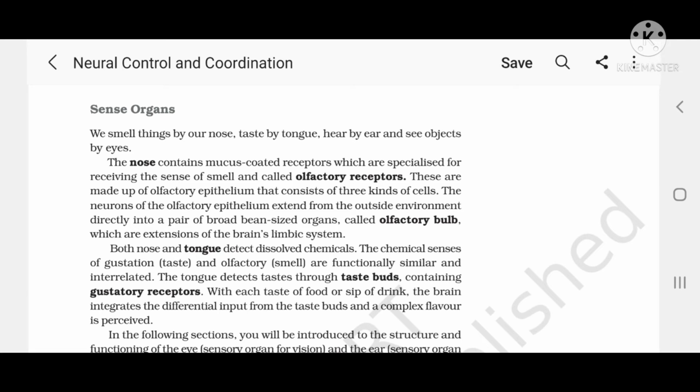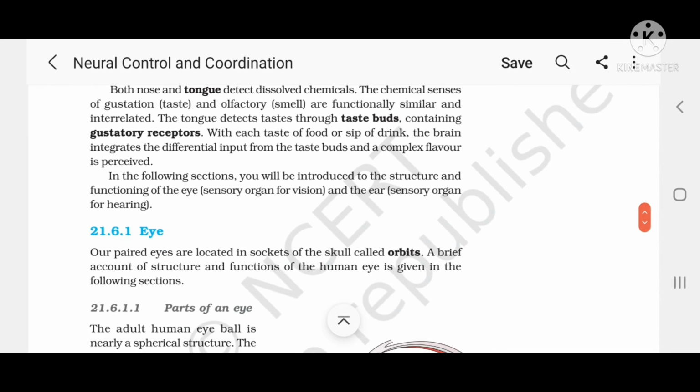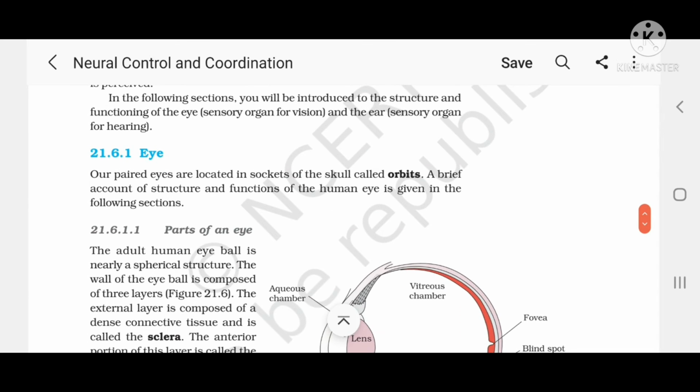With each taste of food or sip of drink, the brain integrates the differential input from the taste buds and complex flavor is perceived. In the following sections, you will be introduced to the structure and functioning of the eye, sensory organ for vision, and the ear, sensory organ for hearing.